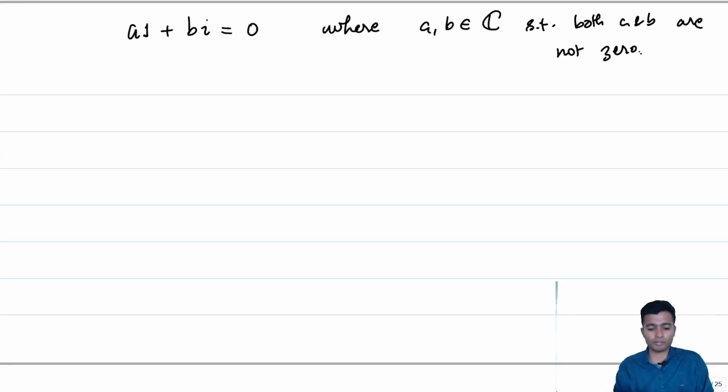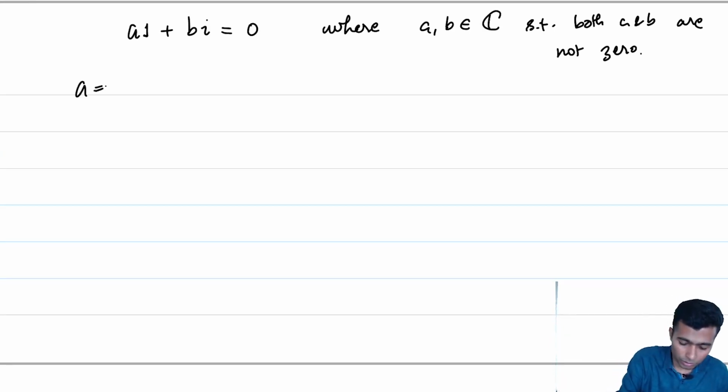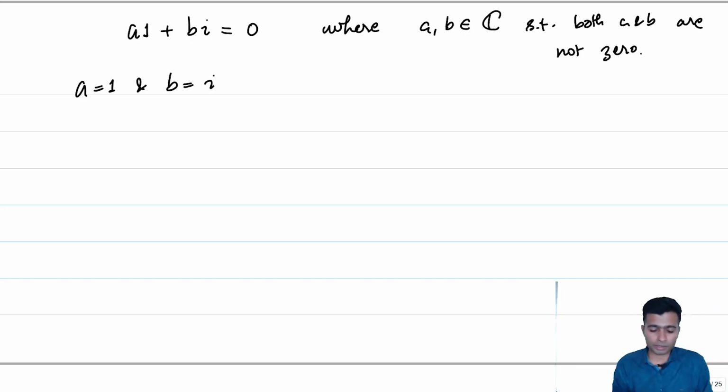A moment's thought will reveal that a equal to 1 and b equal to i, both complex numbers, work. The relation is 1 times 1, which is 1, plus i times i, which is minus 1, equal to 0. So this is not linearly independent.